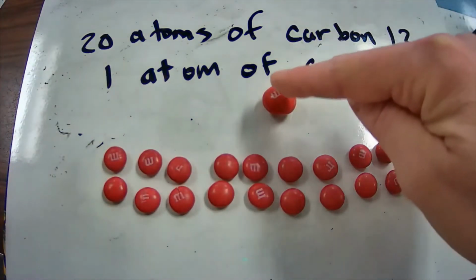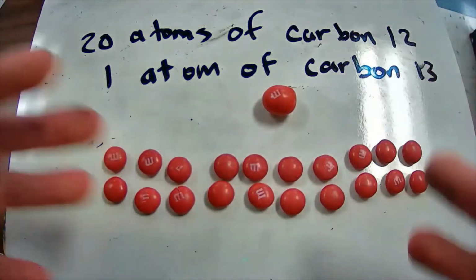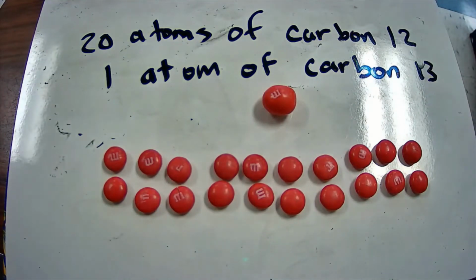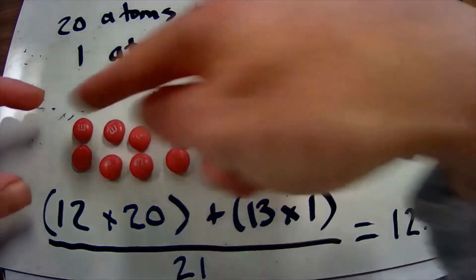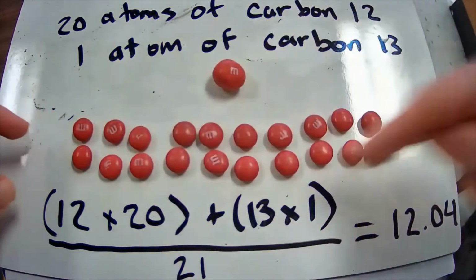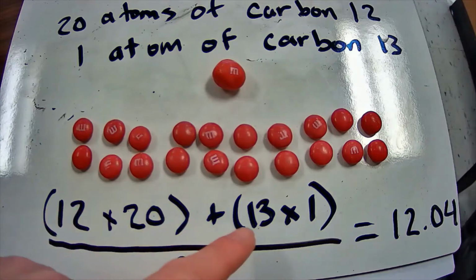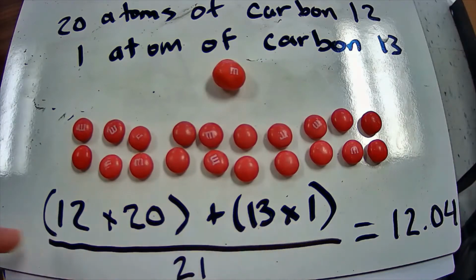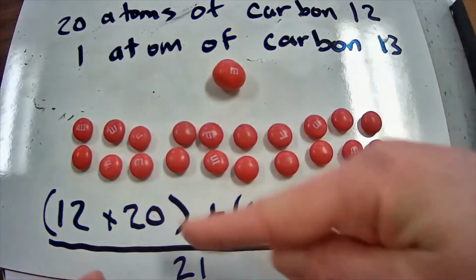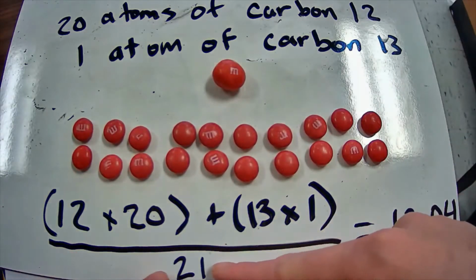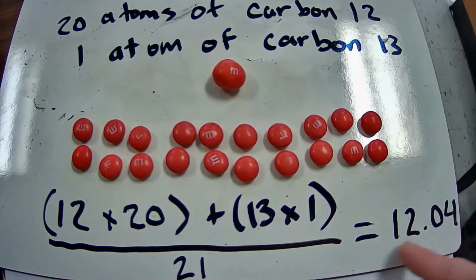Well, because this one is in there and it's averaged in, it's going to end up influencing the mass of the entire sample. I had 20 atoms with a mass of 12 and 1 atom with a mass of 13. When I do the average, I have to divide by 21 atoms total, which gives me the average mass of 12.04.